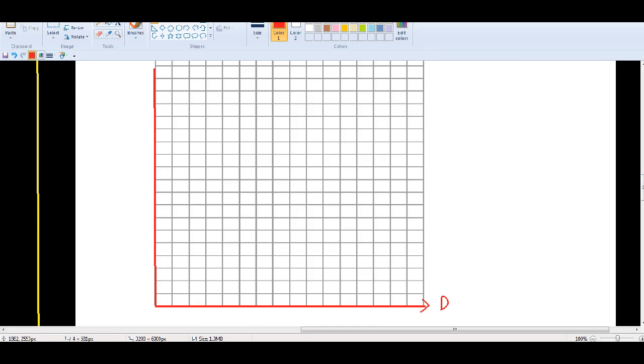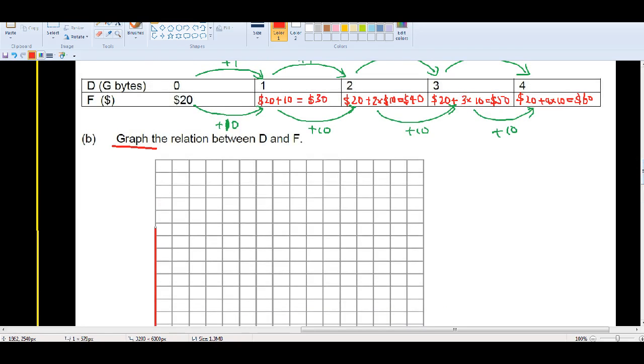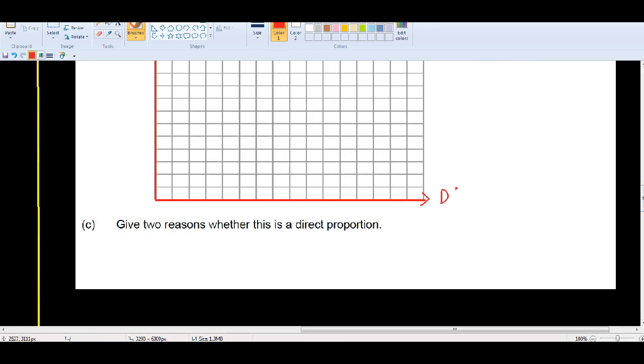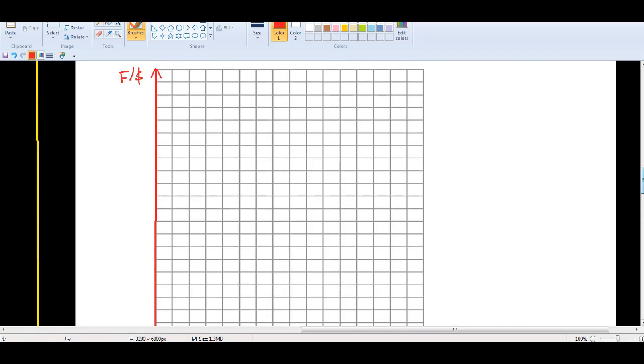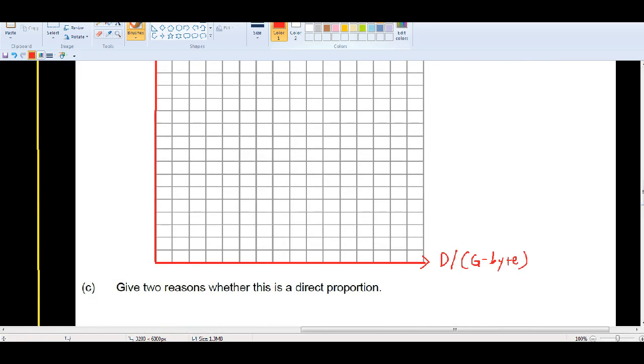And you need to draw the vertical axis, which means the fee you need to pay. Let's set this one as 1 gigabyte, 2 gigabytes, 3 gigabytes, 4 gigabytes.